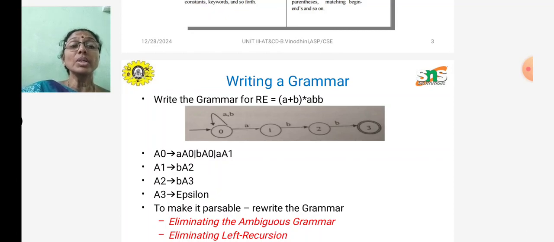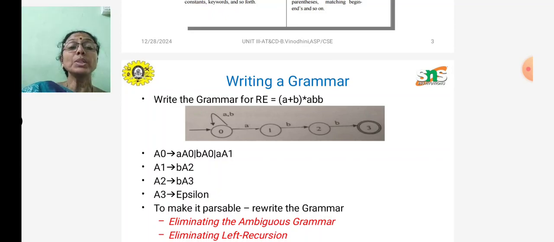How is it converted into the grammar? For every state we represent a non-terminal instead of the number. For example, A followed by 0: A0 is the first state, then A1, A2 and A3.